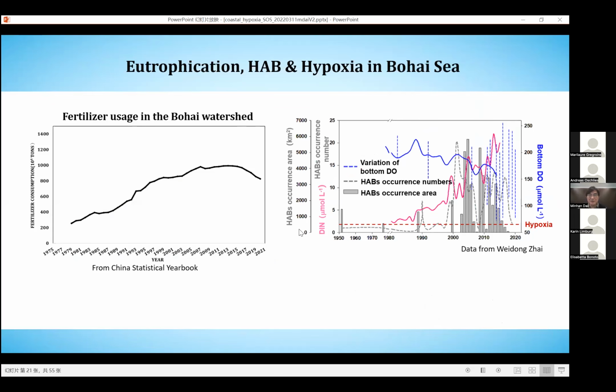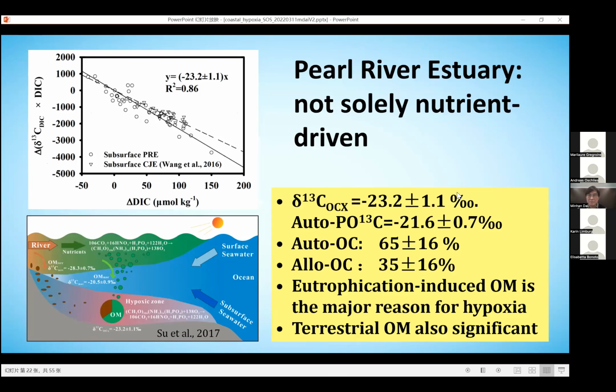And the Bohai Sea is the big system in northern China. And you see not a very clear pattern in terms of the forcing, fertilizer usage, nutrient imports, and hypoxia and harmful algal occurrence frequency. So that's not simple causality there. Another example I would like to draw your attention to is the Pearl River estuary of Hong Kong.